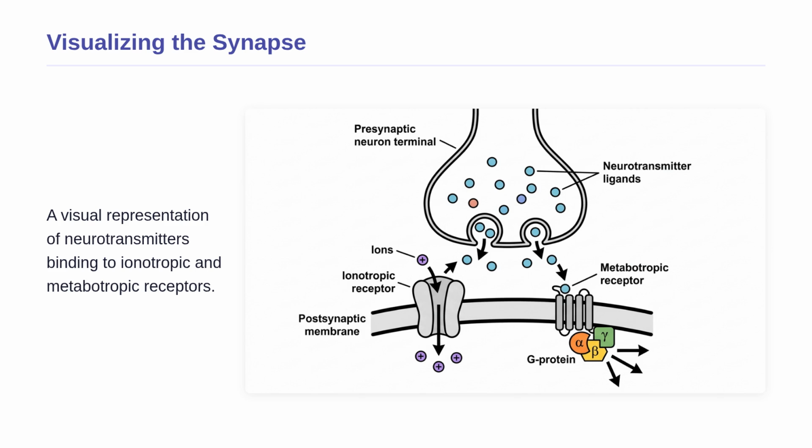As the ligand binds, the channel opens directly, and you can see ions flowing straight through into the cell. On the right is the metabotropic receptor. When the ligand binds here, the channel does not open. Instead, notice the G protein attached to the bottom inside the cell, which will break away to start a slower chemical cascade. This visual perfectly captures the two mechanisms we just discussed.